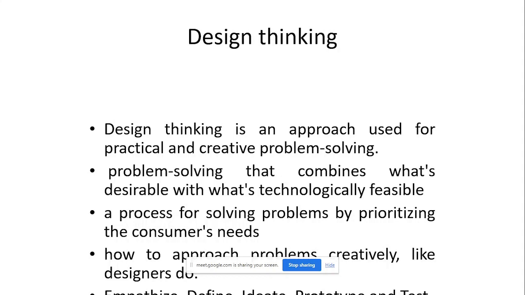Every problem solving method combines what's desirable. Desirable means a feasibility study. What is my target? For achieving the target, what equipment should I have, and how do I perform the process? So four M's are important in industries. What are the M's? Men, machine, material, and methods.